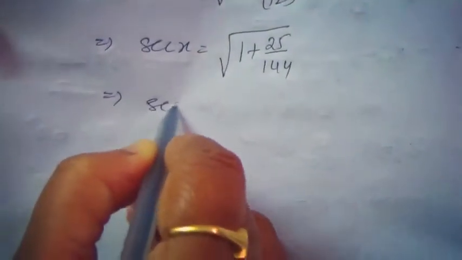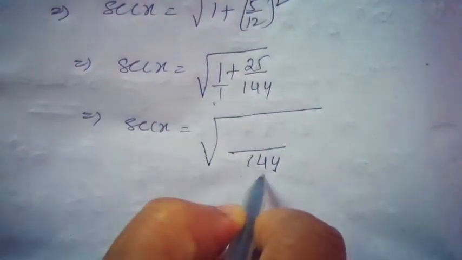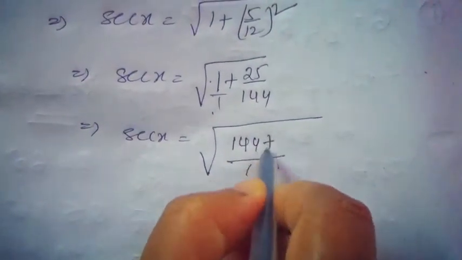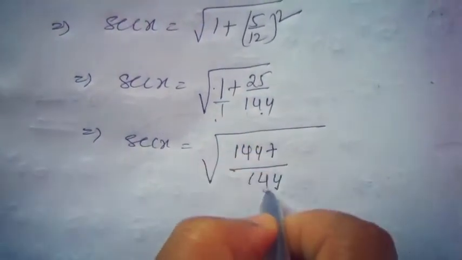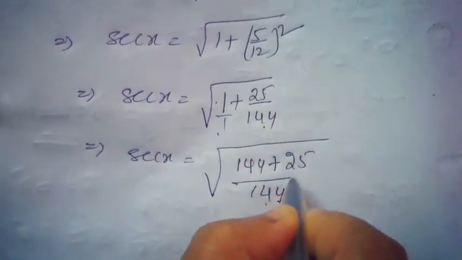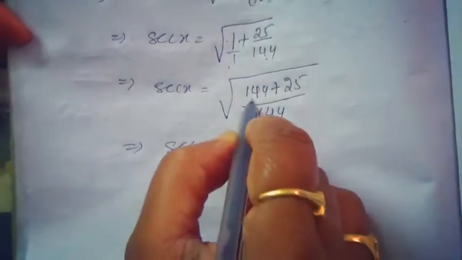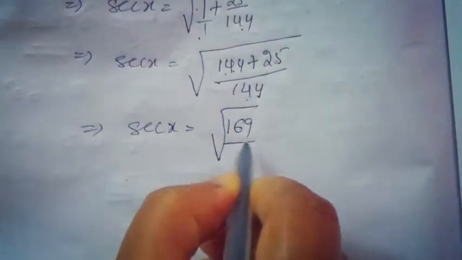The LCM of these two is 144. In one table, 144 into 1 is 144, plus already here in the denominator 144 is there, hence 25 I am writing as it is. So secant x is equal to the addition of these two, you will get 169 by 144.